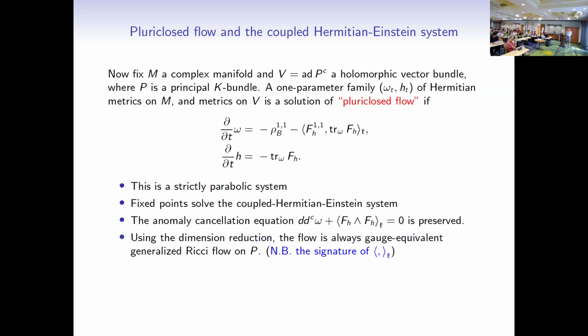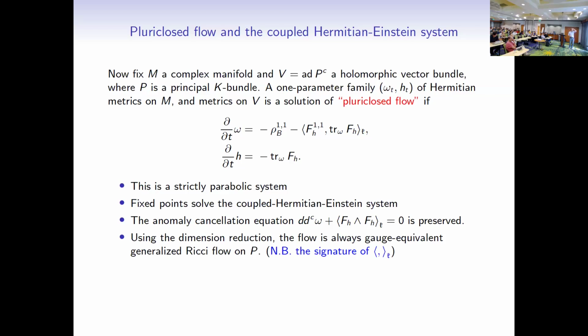And then using this dimension reduction ansatz that I described, you can prove that this flow is gauge equivalent to generalized Ricci flow on the principal bundle, on P. So it literally is generalized Ricci flow on P. But now here's the crucial point.